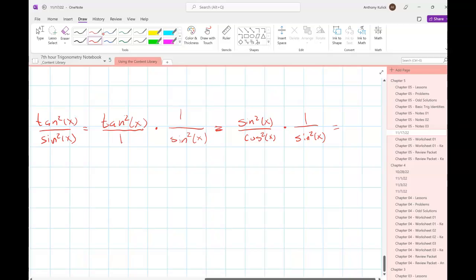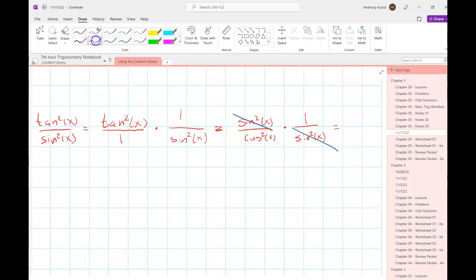Why was that helpful? What can happen? The sine squareds cancel, right? Everybody's okay with that? That's how we reduce fractions when we multiply, right?